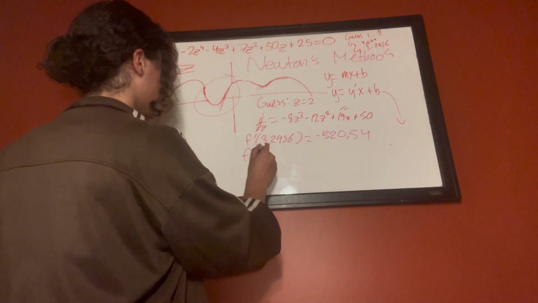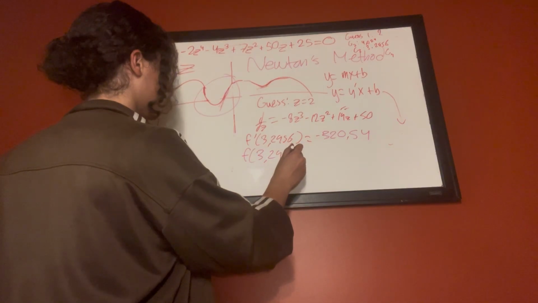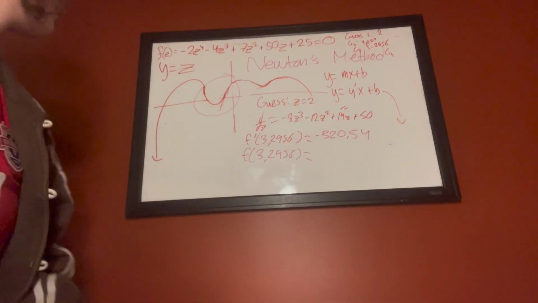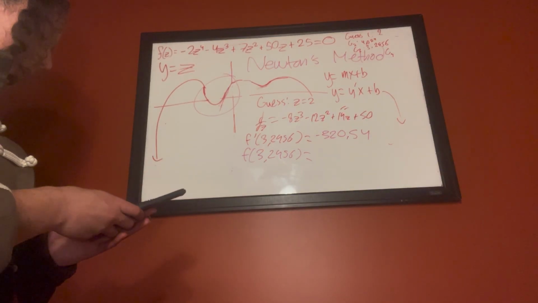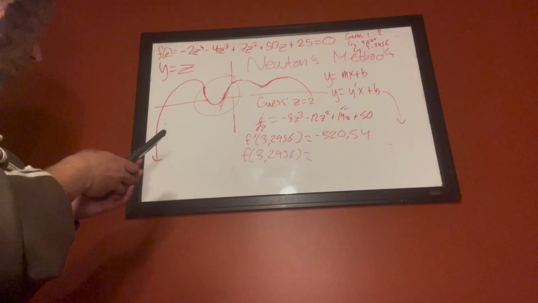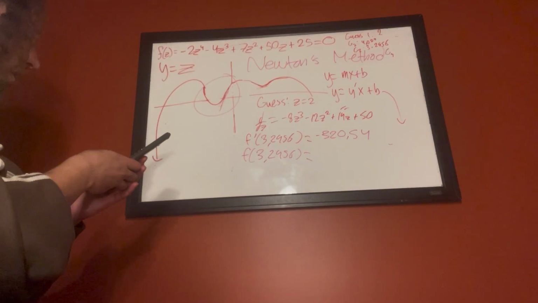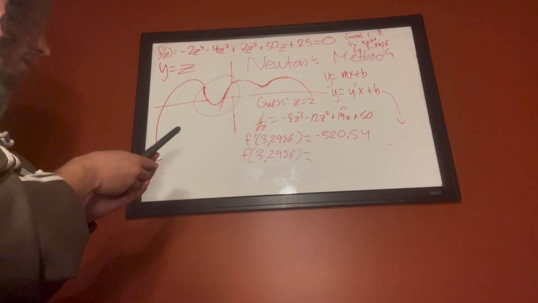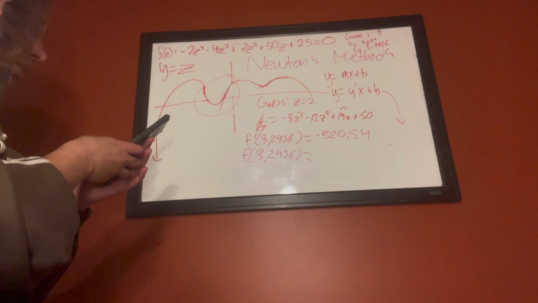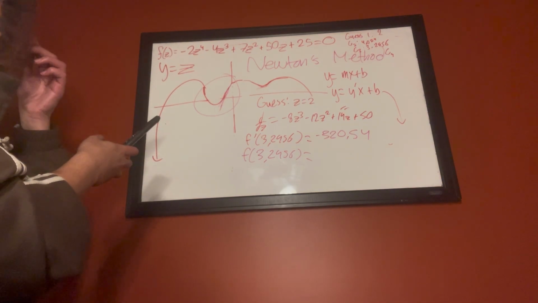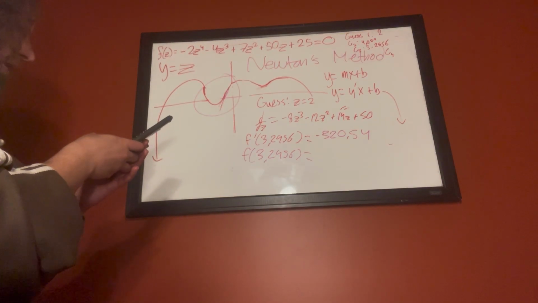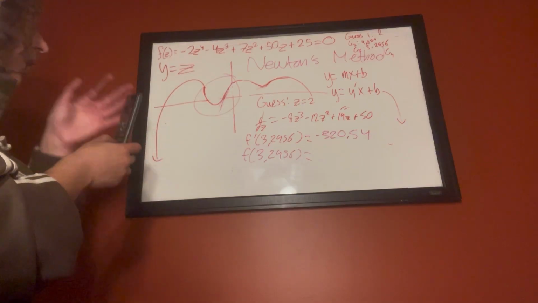And f of 3.2956. Now I'm going to sub it in there. What does that give? 3.2956 raised to the 4 times minus 2 minus 4 times 3.2956 raised to the 3 plus 7 times 3.2956 squared.